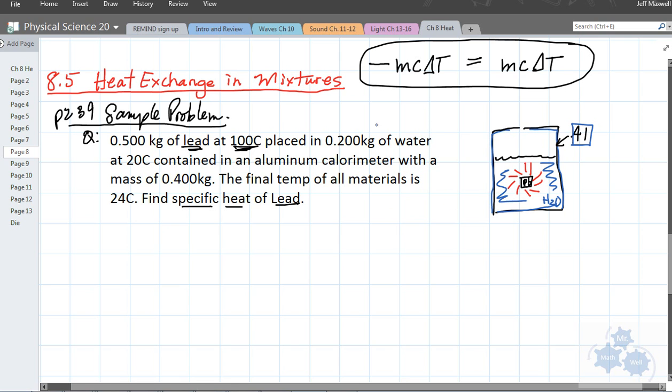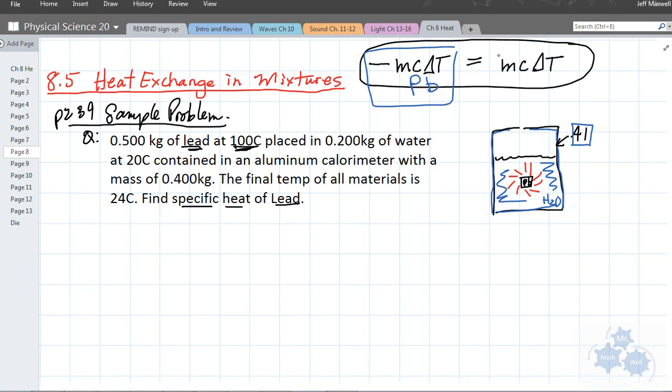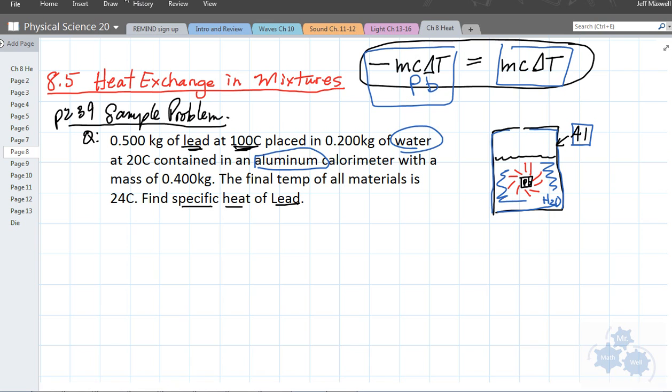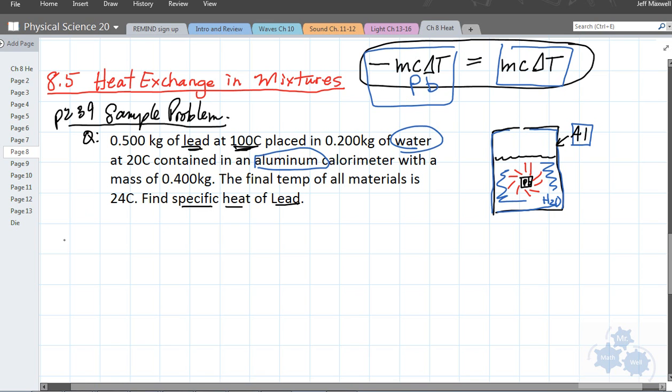The lead is going to be dropping in temperature, and therefore giving off heat. It's going to be passing its heat to something else. And what's going to pick up the heat? We actually have two things that are going to pick up the heat, and that is the water and the aluminum body of the calorimeter. So this is how you set it up, with this equation right here.